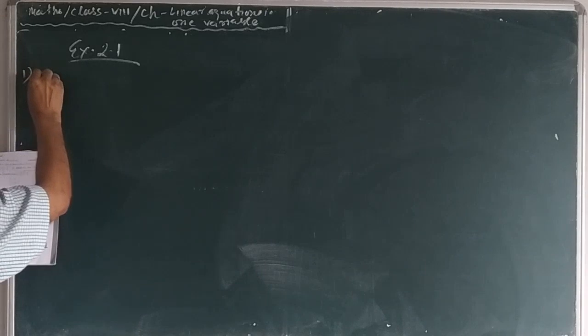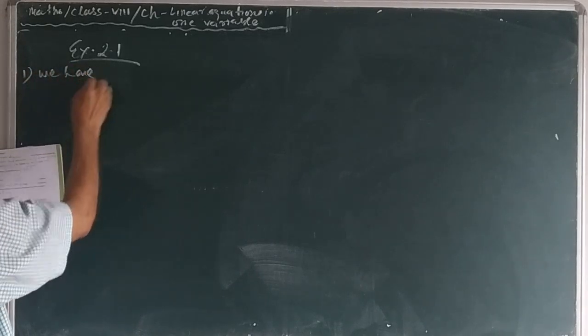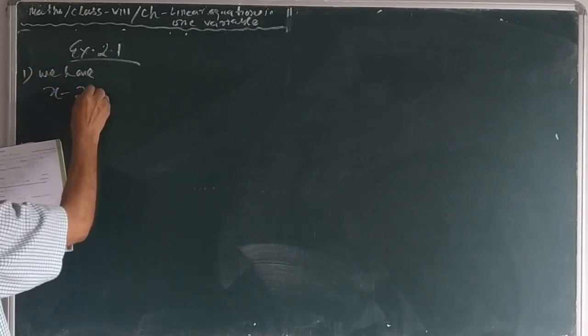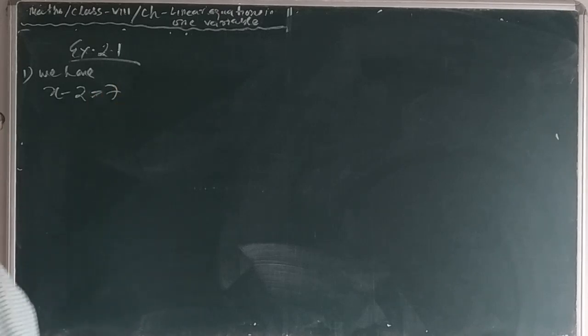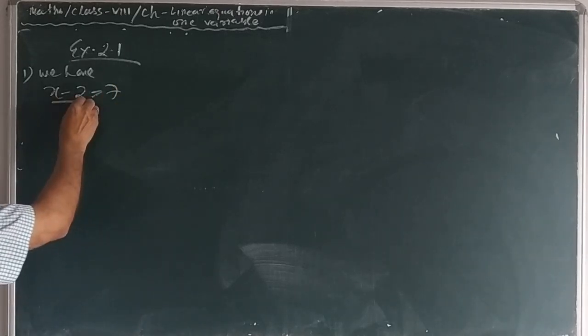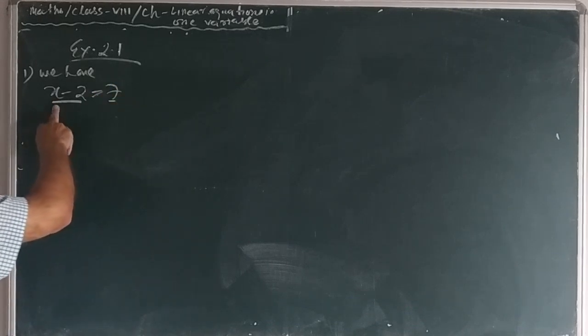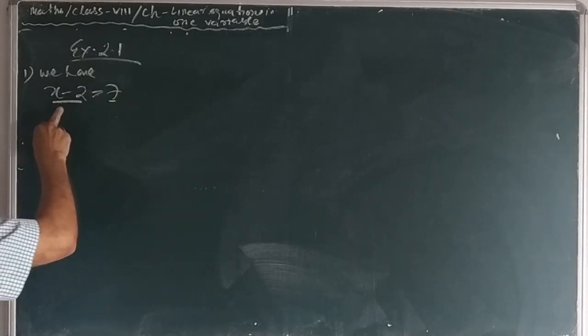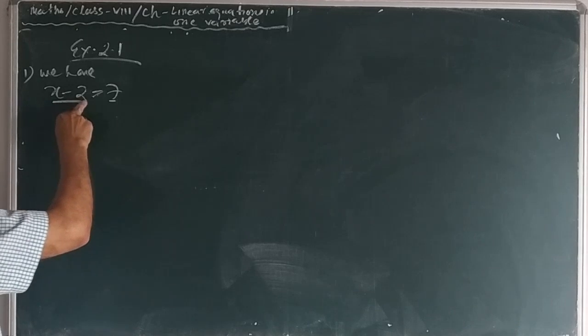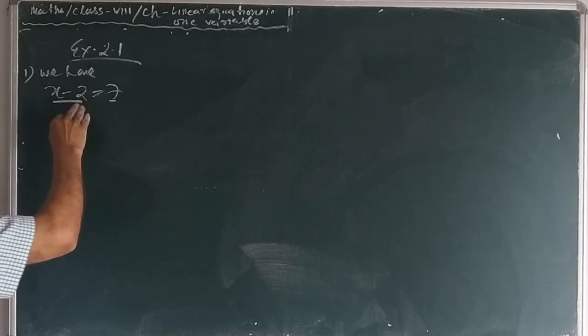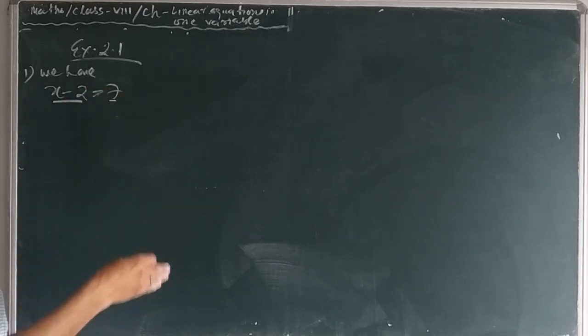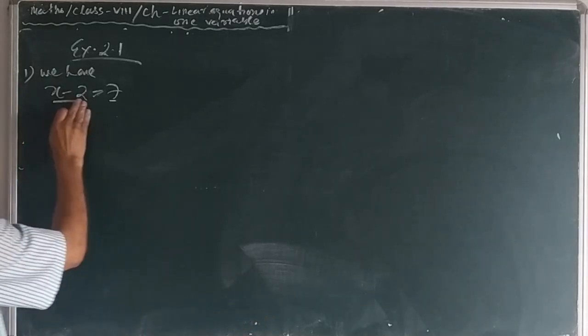Question number 1, we have x minus 2 equal to 7. This is the linear expression and this is the constant term. Here we have to find the value of x. To find the value of x, this 2 will be removed from LHS by adding 2 on both sides.